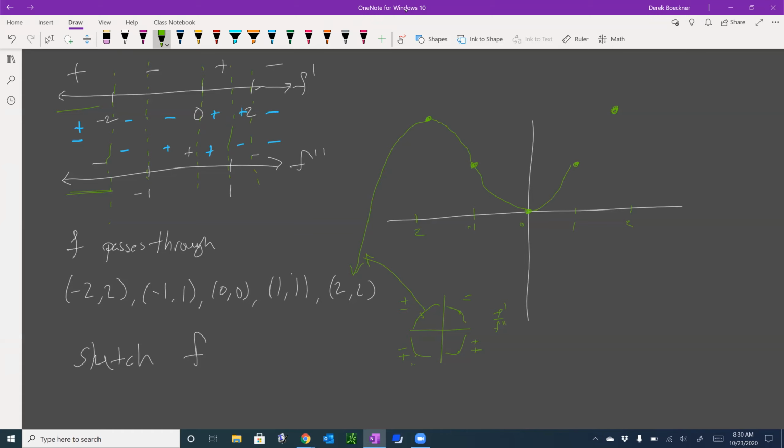Between 1 and 2, it is plus and minus, so it's that one. And then after 2, it's minus and minus, so it's that one. So our graph looks like that. Questions on that? Just kind of organization there to get everything together. Right? Not too bad.